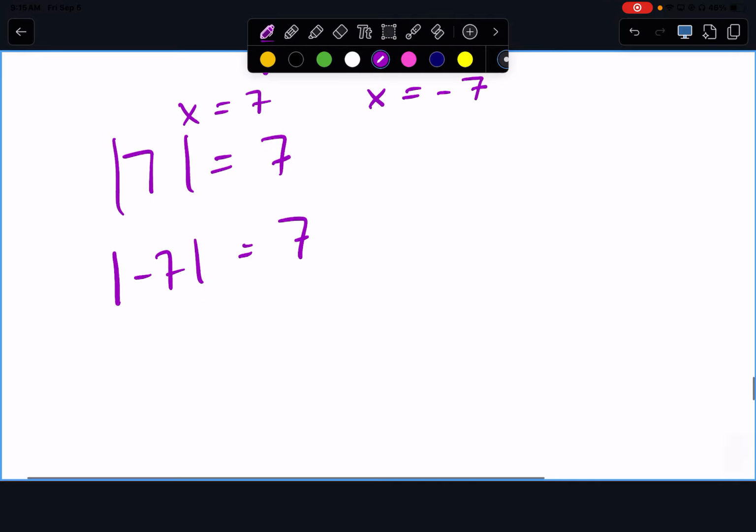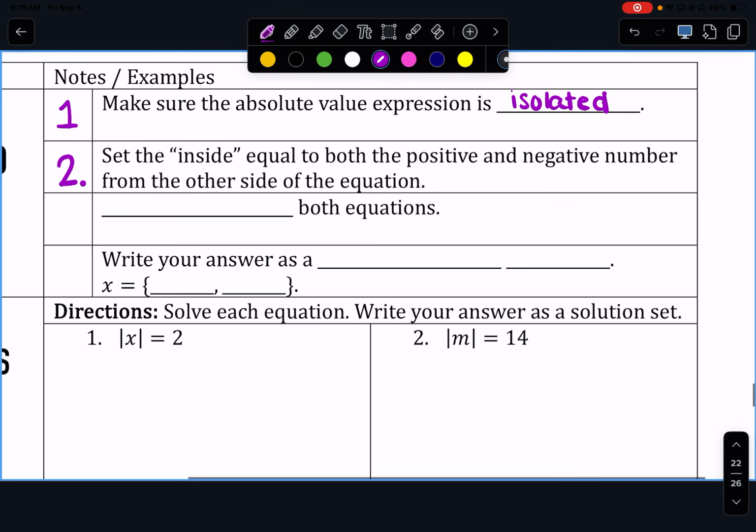And then we're just going to solve both equations. And then we write our answer as a solution set, which is a way to write when you have more than one solution to a problem.